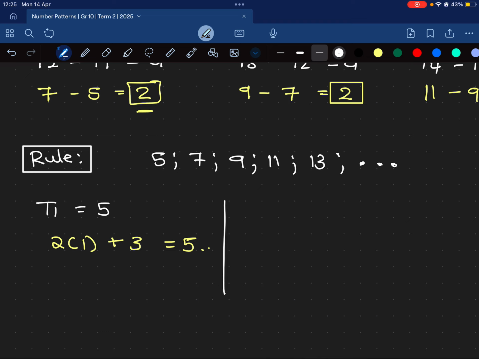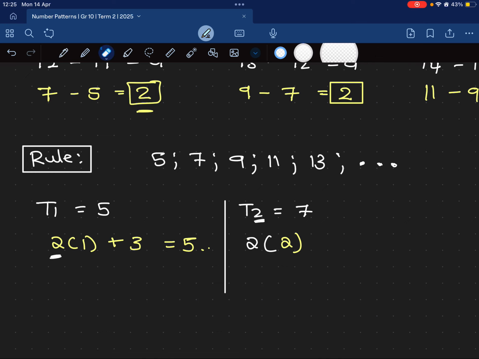Okay, so let's have a look at the second term and try to use the same idea. If I say 2 multiplied by 2, 2 times 2 is equal to 4. But now to get from 4 to 7, I would add 3. So I can see that the pattern is repeating itself.